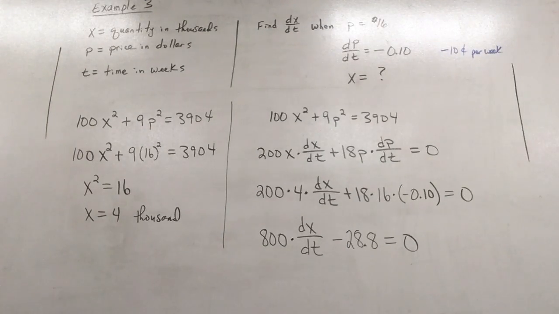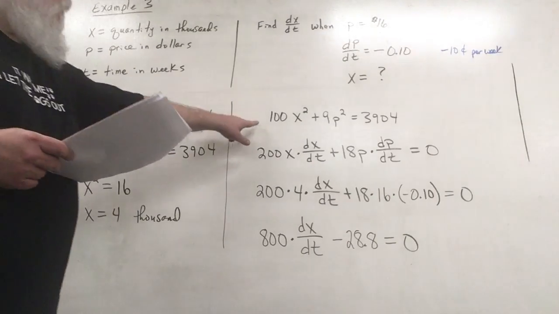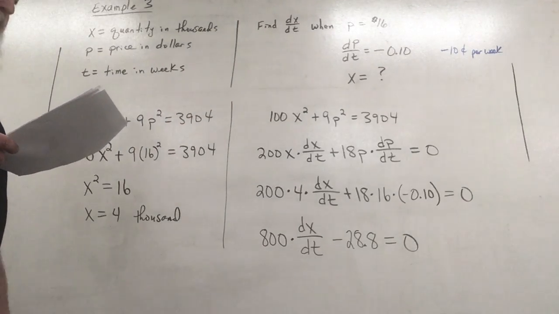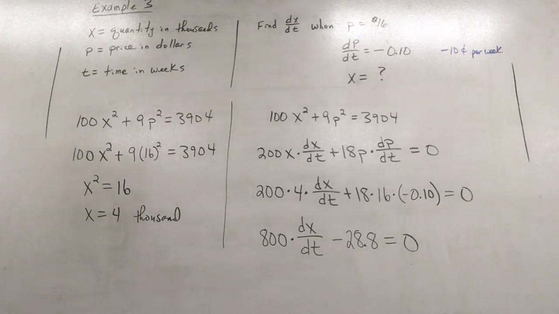We're given the demand equation for a certain brand of headphones is 100x squared plus 9p squared equal to 3,904, where x is the number in thousands of headphones demanded each week when the price is p dollars. How fast is the quantity demanded increasing?